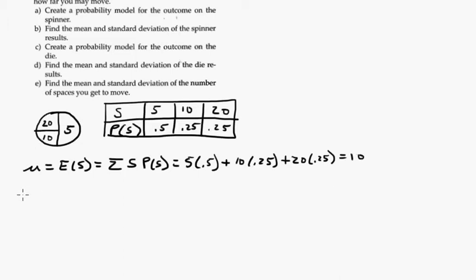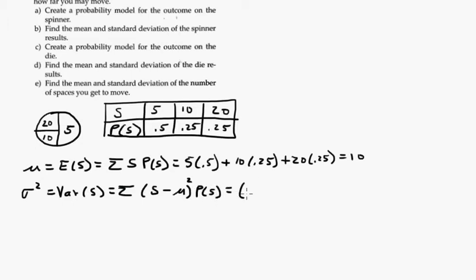To find the standard deviation, I first find the variance. The variance of S is the sum of all the outcomes minus mu, squared, times the probability of the outcomes.